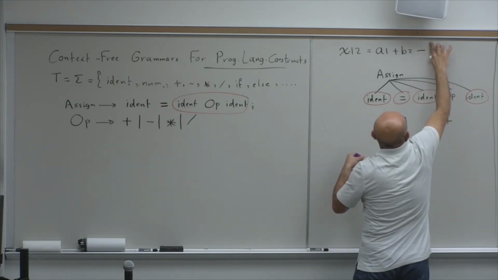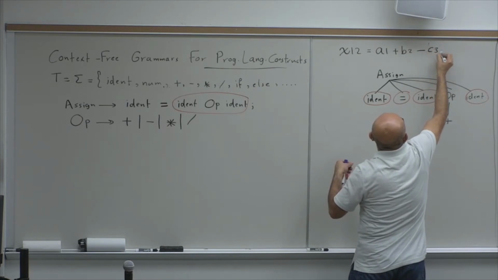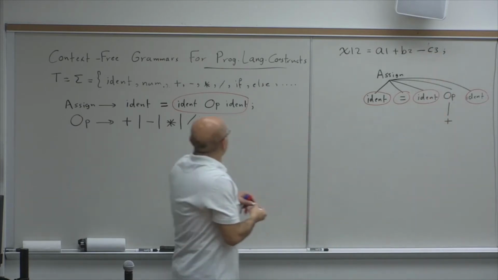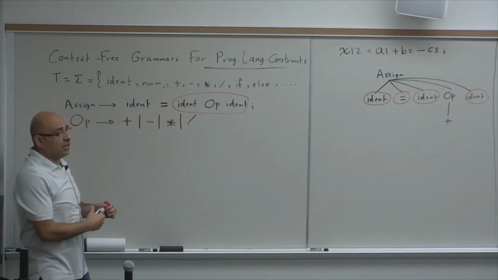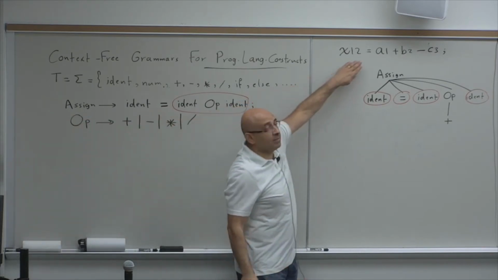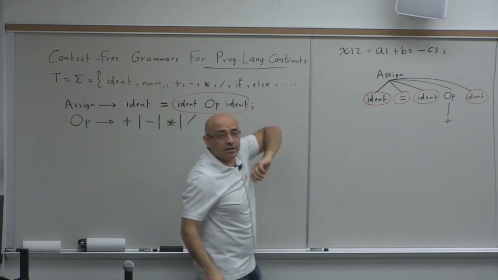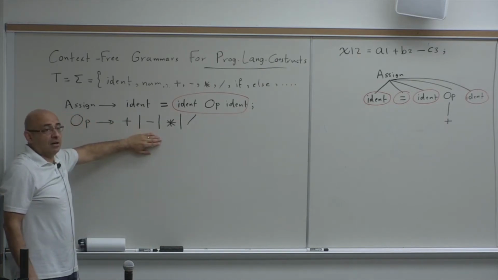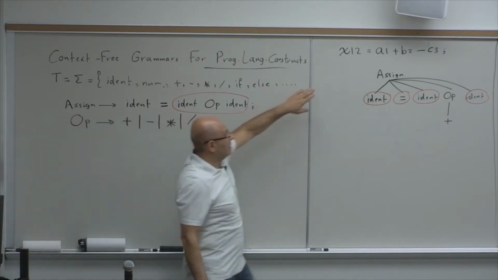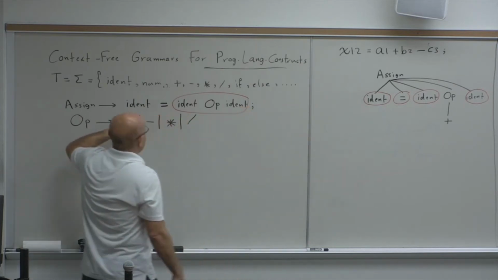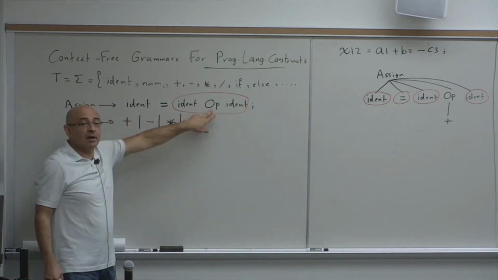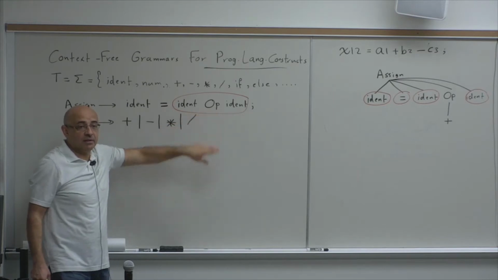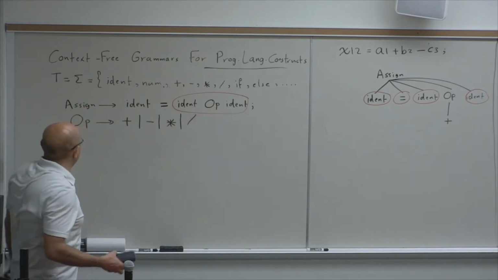Minus, let's say, to be consistent, C3. Now, will this grammar generate this statement? No, it will not generate this statement. So this grammar is not general enough to generate this statement. This grammar says you can have only one operation, right? So let's generalize it.